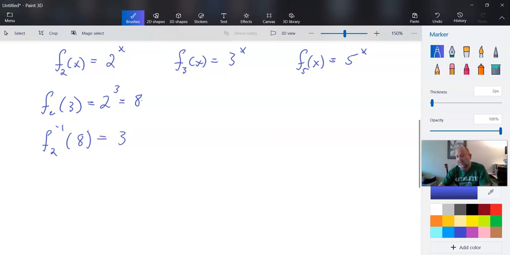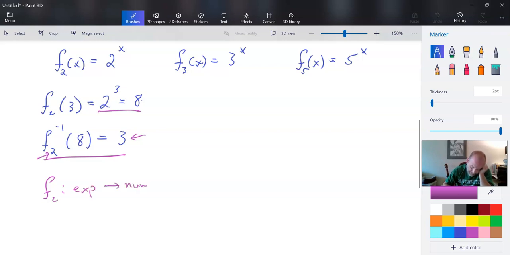Now, what I want you to do here is notice the relationship between this and this. So you notice you have a base of 2 down here. The answer is the exponent, right? Because before, f base 2 took an input that was an exponent and the output was a number.